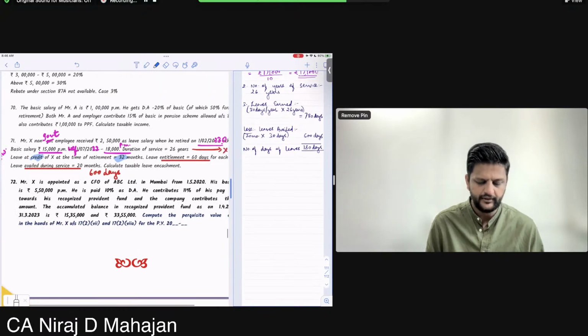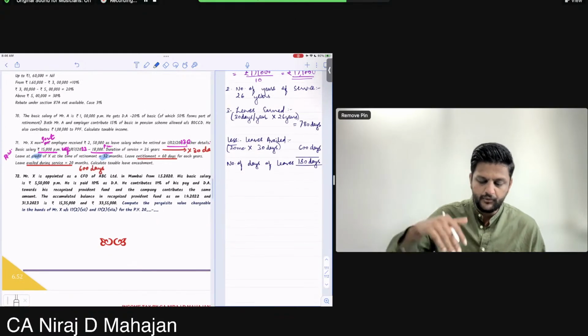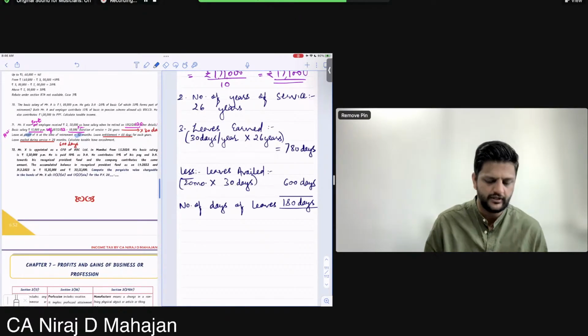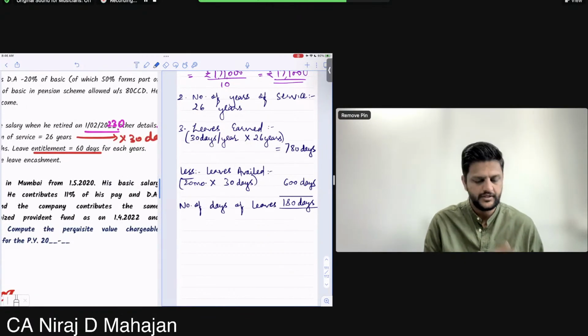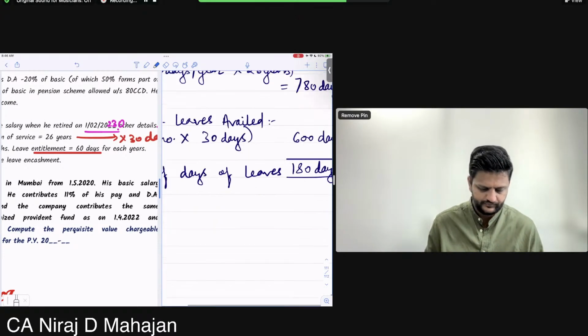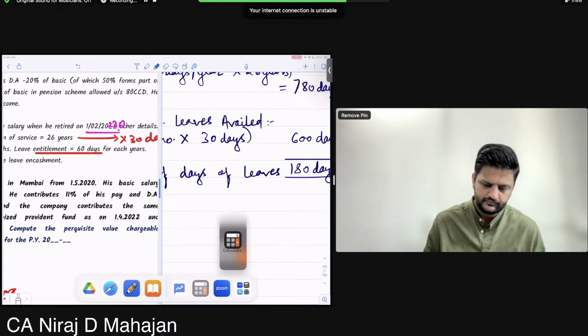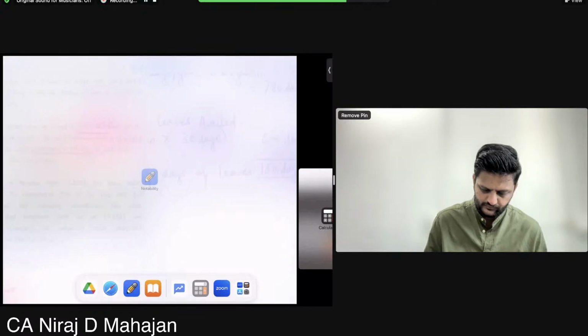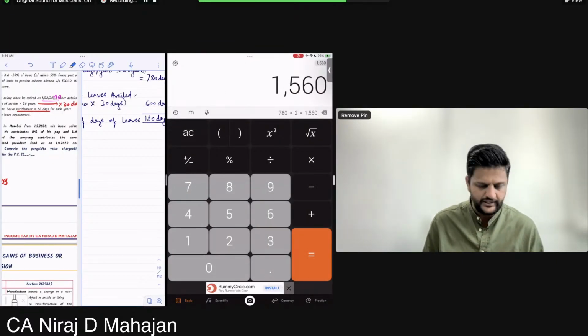Fine, everybody? Because he was given double. Every year he was given how much? 60 days he was given. If you double this, check this, 780 into 2, and then minus leaves availed 600.